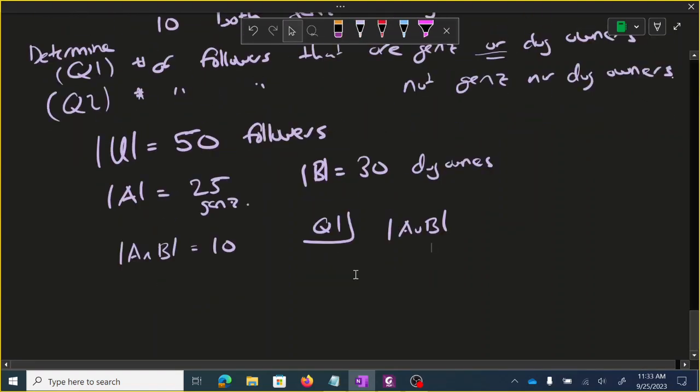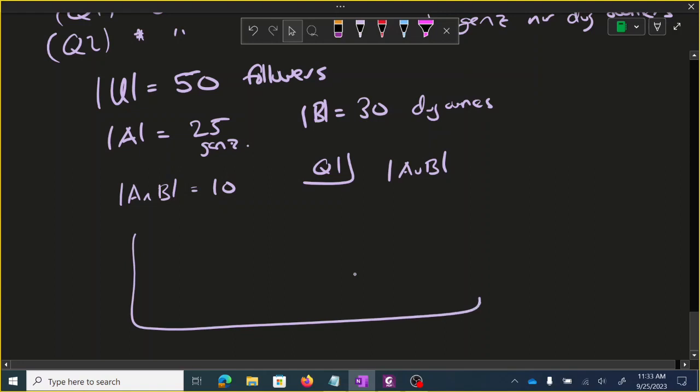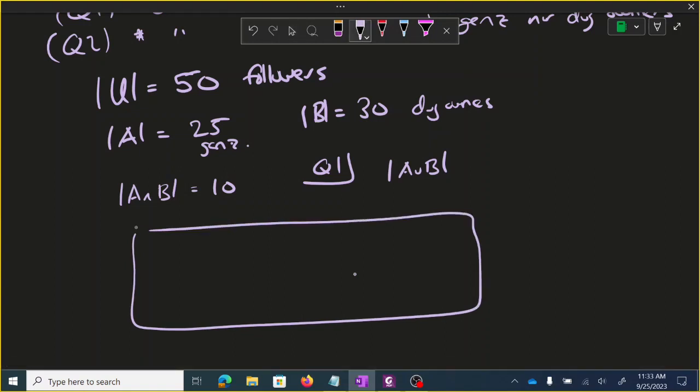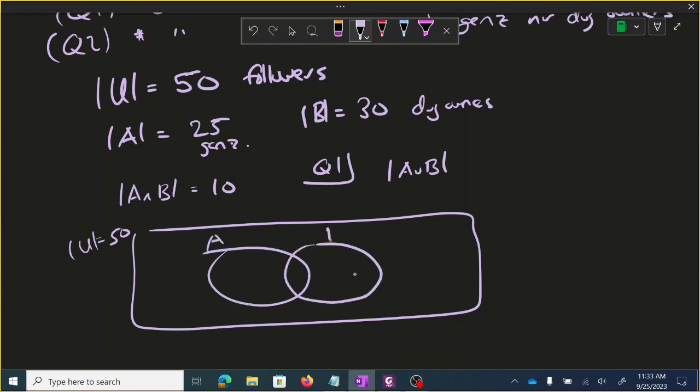So let's visualize here. Set up our universal set. We know all of it is 50. We know you have an intersection, so I can draw it like that, A, B. We know that intersection is 10. We know that all of Gen Z should be a total of 25, which means that that piece there has to be 15. And what is that piece?